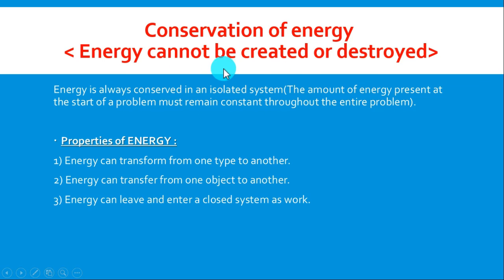What does isolated system mean? When we say isolated system, it is an ideal system. We don't have it in real life, but it means that we don't have friction, no air resistance, and these forces. So, when we have an isolated system, energy is always conserved.